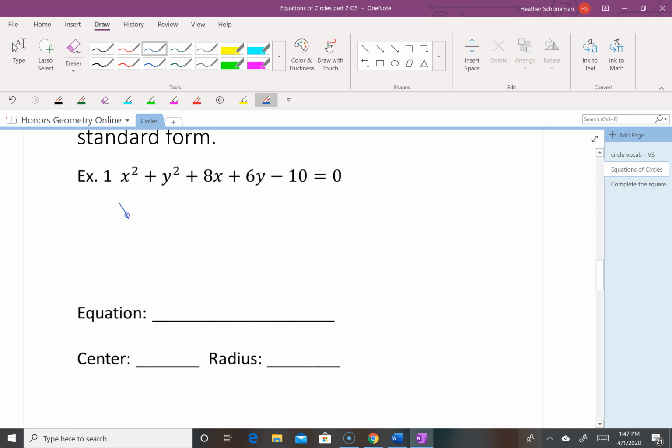For this first one, x squared plus 8x plus, and I'm going to leave a blank because I'm going to fill that in with a number. Now I'm going to group the y's: plus y squared plus 6y plus blank equals, I need this negative 10 to go to the other side of the equation. It's going to become positive 10 because I would just add 10 to both sides.